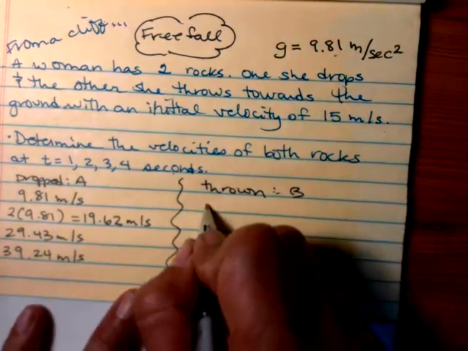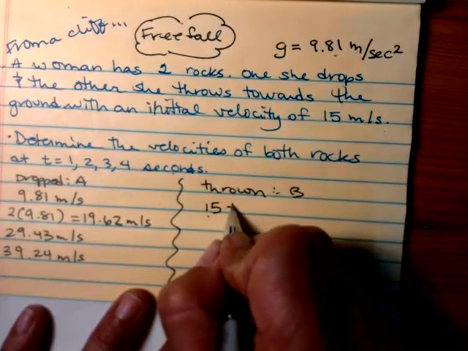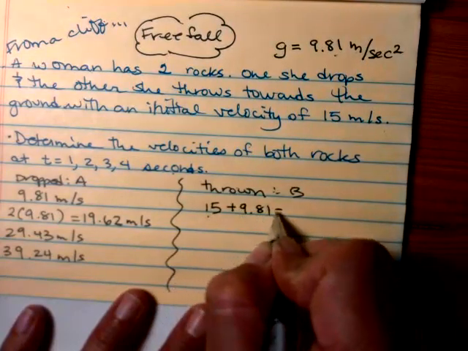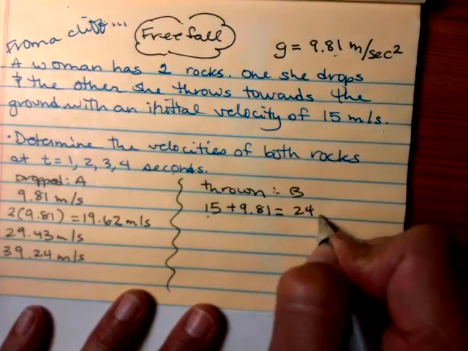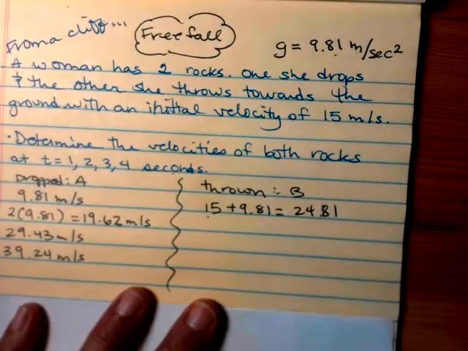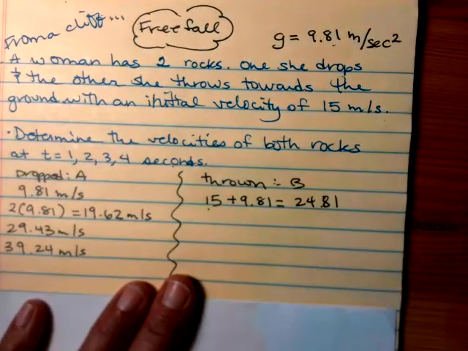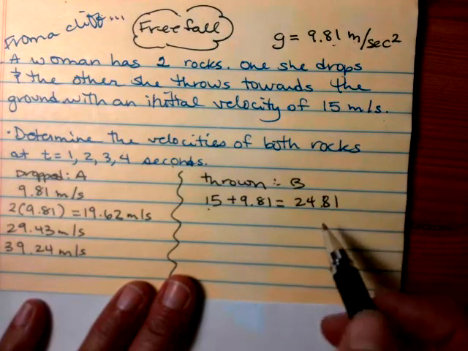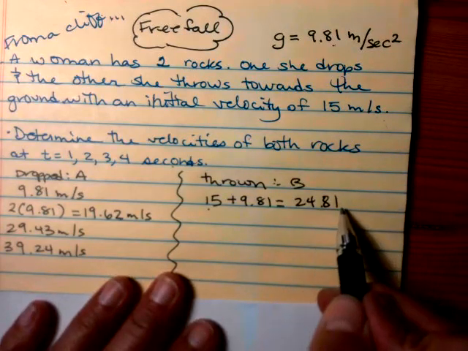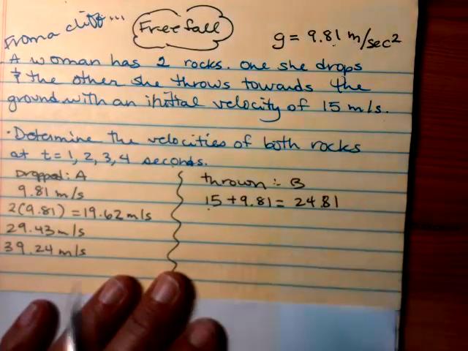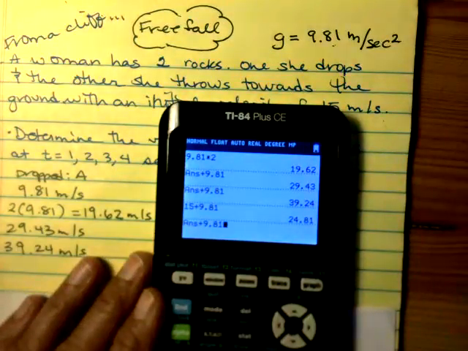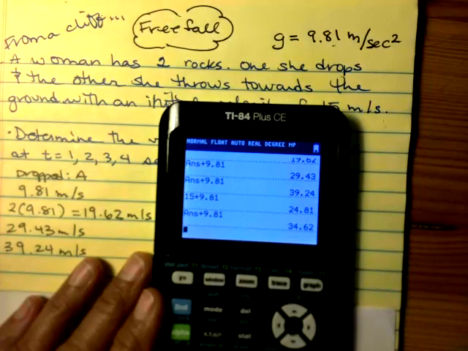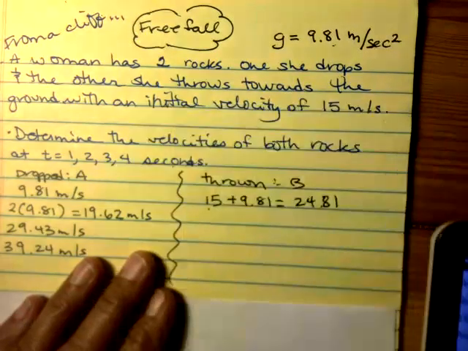So at the end of the first second, it will have the 15 it started with plus that 9.81. I'm just doing my calculator work off to the side here. So 24.81. At the end of the second second, it's going to have an additional 9.81, so I can just add another 9.81 to that value I had before. So now we're up to 34.62.